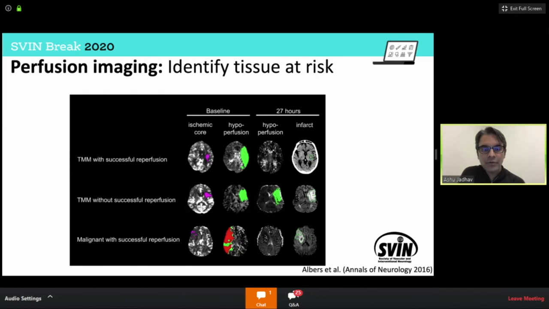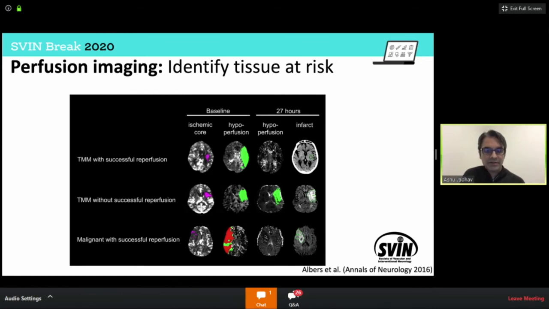And if you take a patient who has tissue at risk and you recanalize that patient, as in the first panel there, that is, there's a target mismatch, the TMM, with successful reperfusion, you can restore that blood flow and you can save the patient from a large stroke. And then you can see a patient with target mismatch without successful reperfusion, and you can see that patient ends up having a large core that matches roughly what the perfusion predicted.